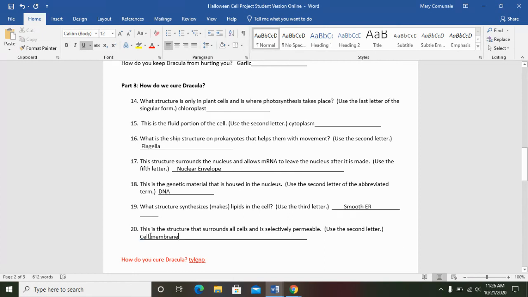Although in this case, we're going to call it the plasma membrane. And if we use the second letter there, that's going to give us Tylenol. So you cure him by giving him Tylenol.